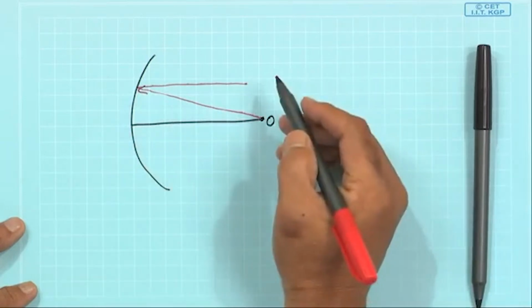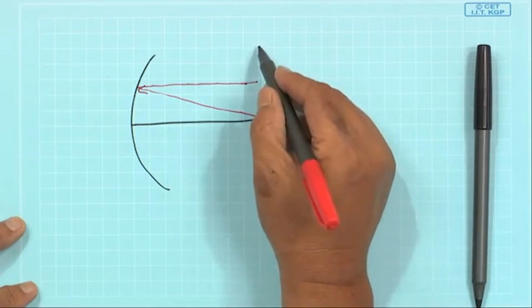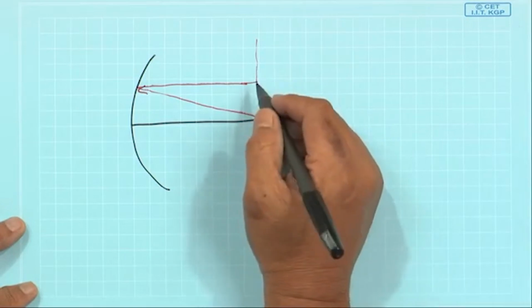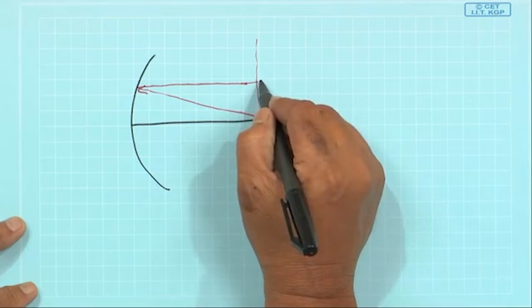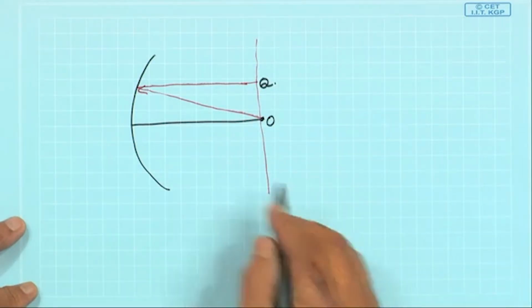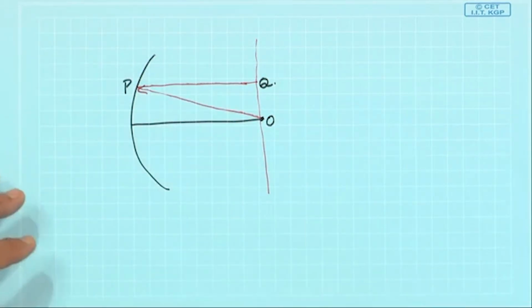That ray is coming to the focal plane, and the point where the parallel ray meets the focal plane, let me call that point Q, and this point, where the ray has hit, let me call P.